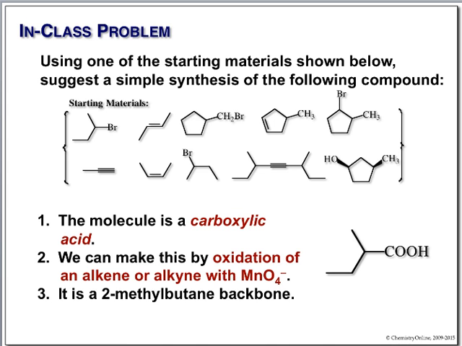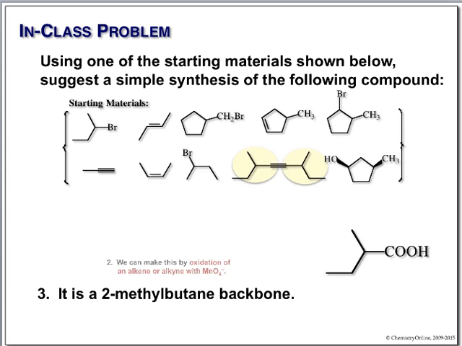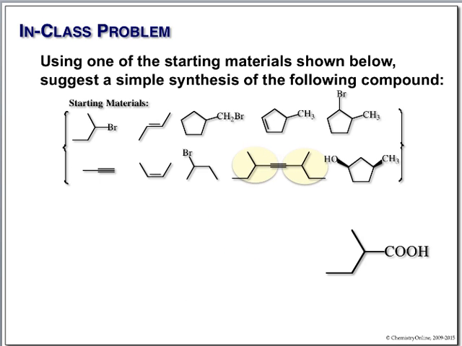These are all, well, this is cyclic. We have 2 alkynes left. If you look at this one, this is the 4-carbon backbone twice. This doesn't have enough carbons for our backbone, so only this guy will work.